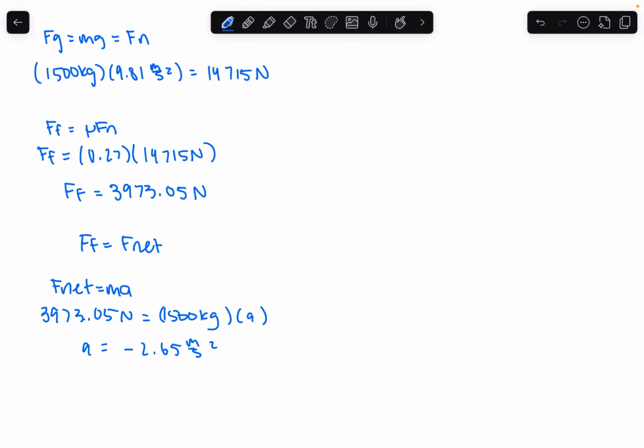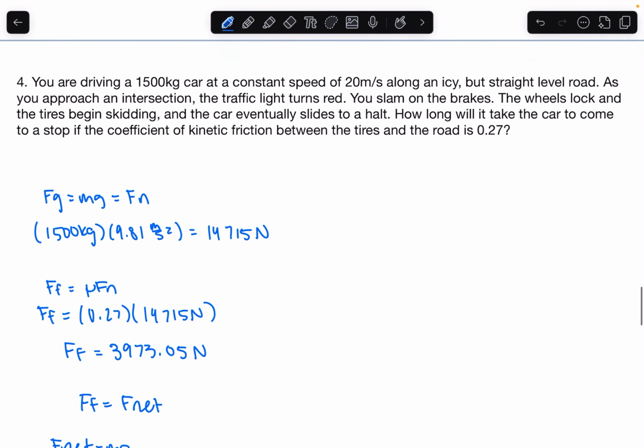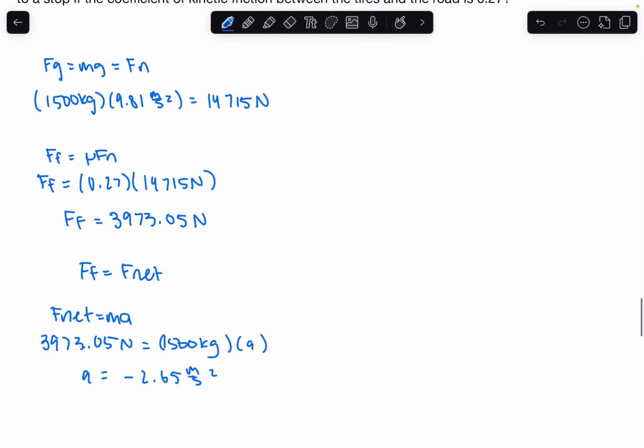Now we have to use our kinematics equations. So we're going to list out all the values we know. The initial speed, or VI, is 20 meters per second. It comes to a halt, so our final speed, or VF, is 0. Our acceleration is negative 2.65 meters per second squared, and we're solving for time.